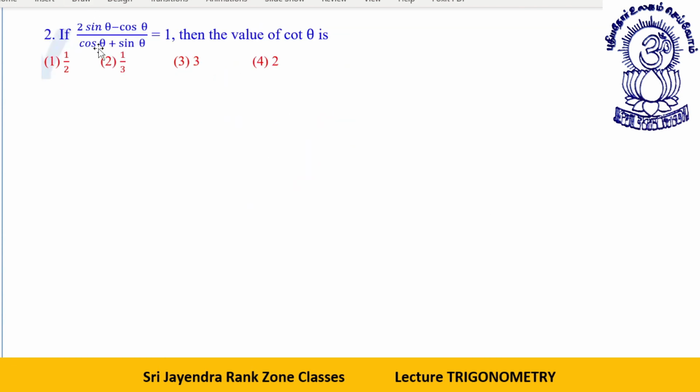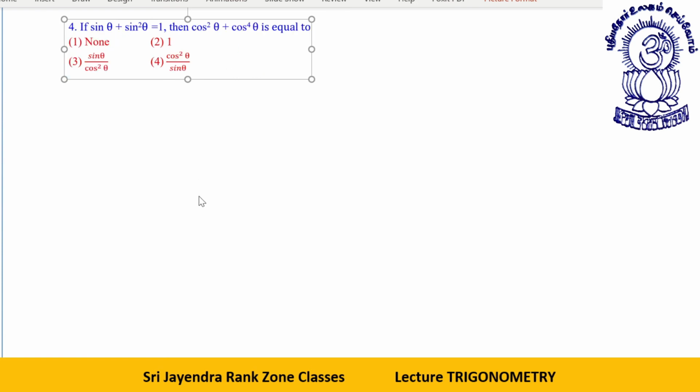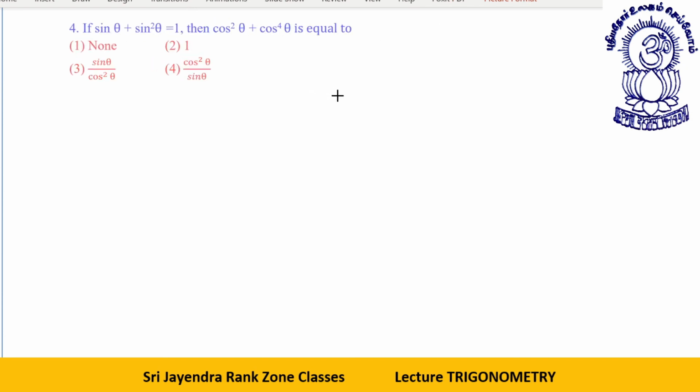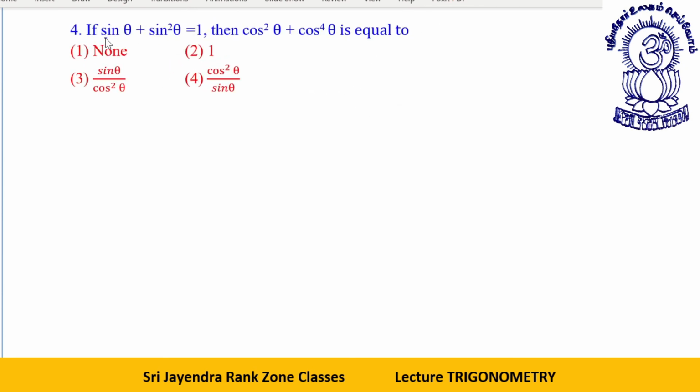The next we have is, now this is again, you can directly say you have sine theta plus sine square theta is equal to 1. Both the powers doubled. This power doubled.